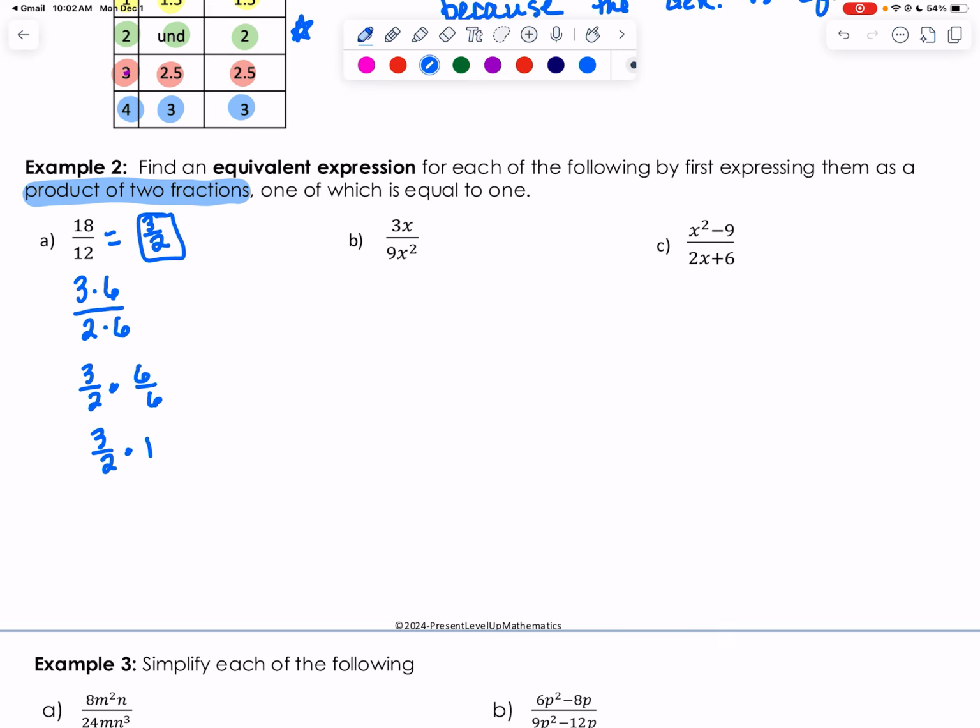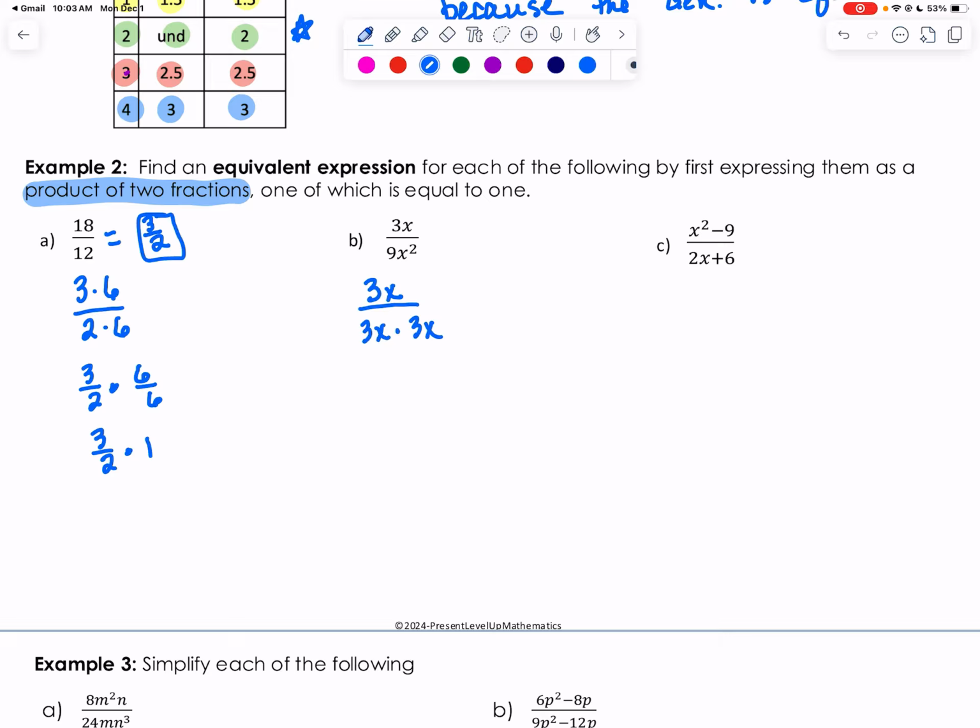Now, we can also apply this to rational expressions the same way. If I have 3x over 9x squared and I wanted to simplify that, I could rewrite this as 3x divided by, and I can split up 9x squared into 3x times 3x.